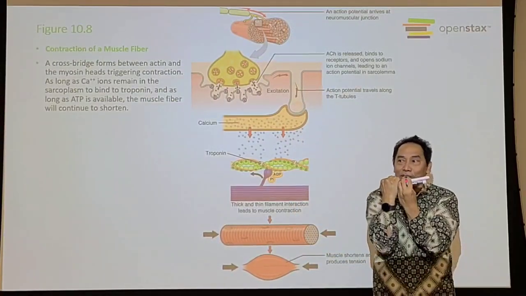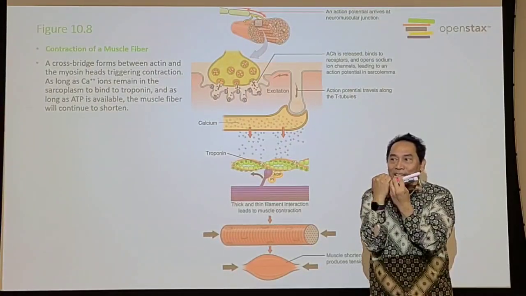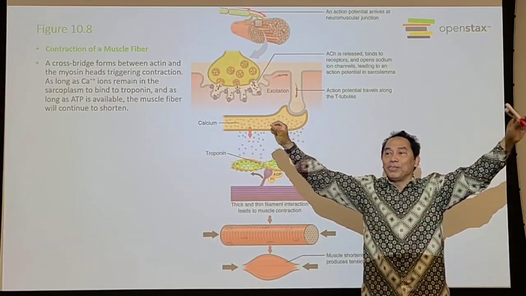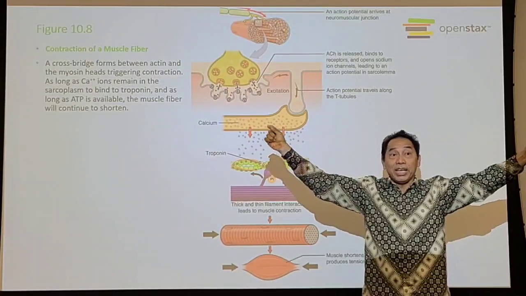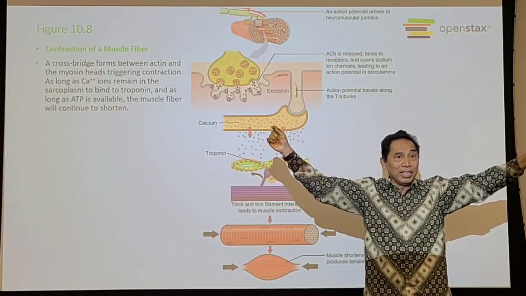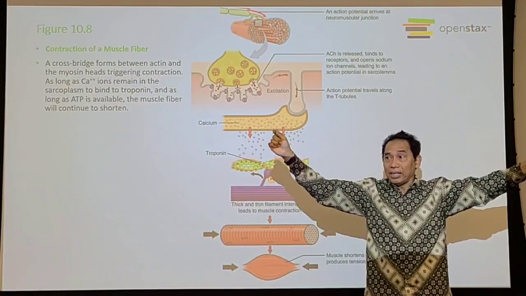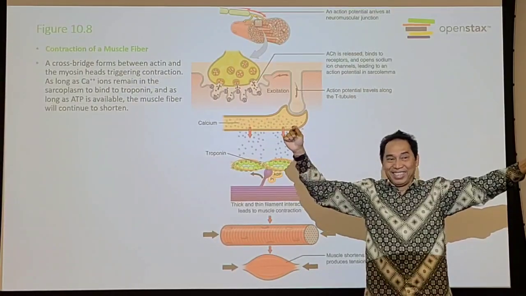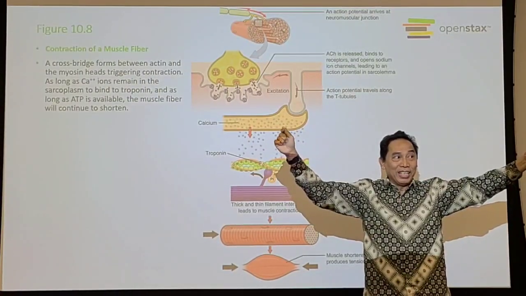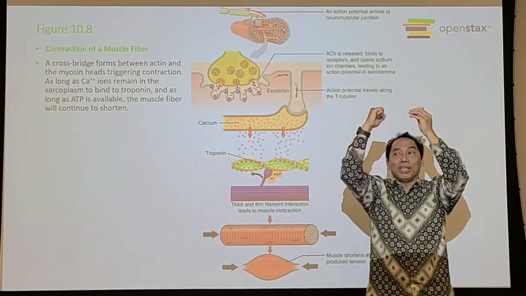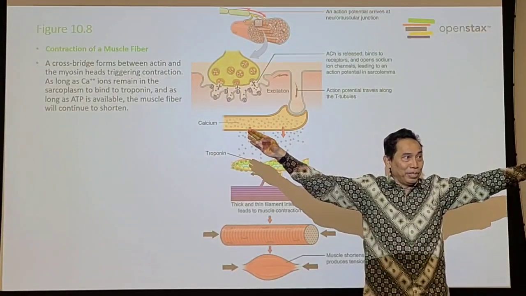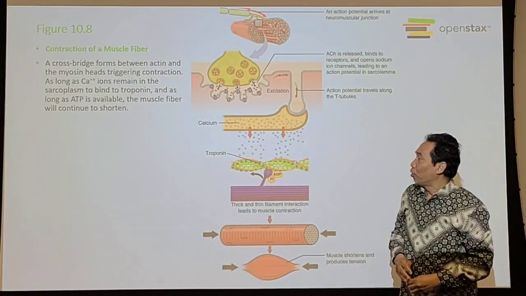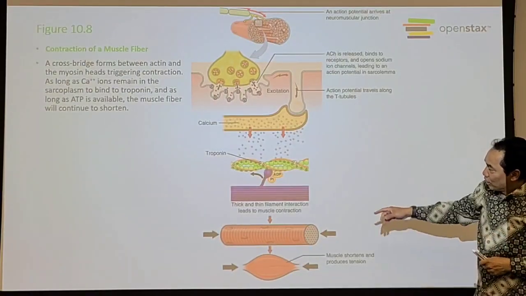When it is detached from the actin, the actin goes back to the normal position. There are spring-like proteins in the Z line that attach the actin. Are you with me? So when the attachment is detached, the actin just goes back to the normal position. Okay?